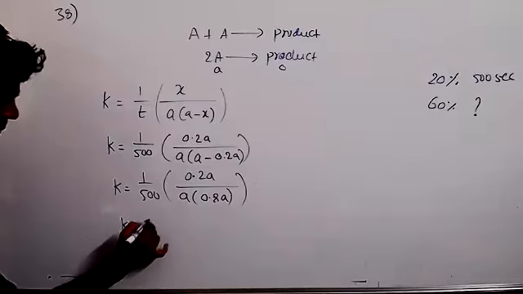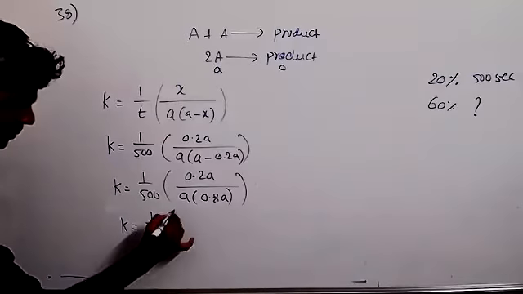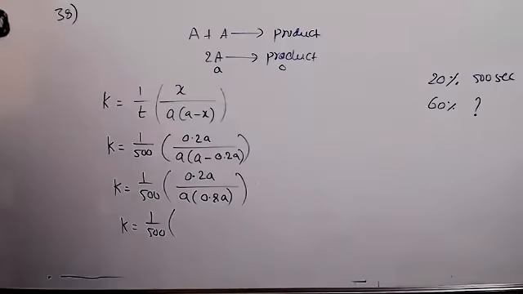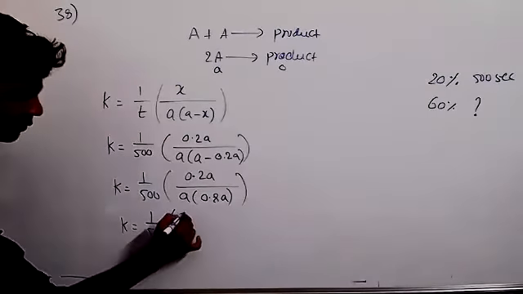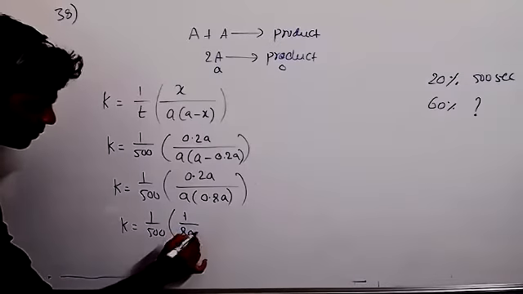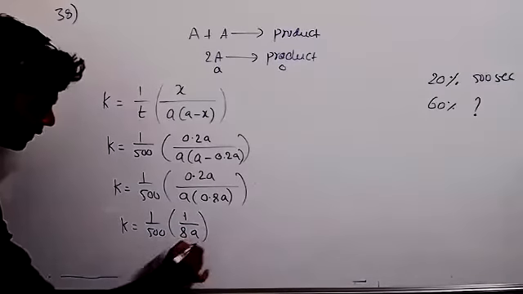So K is equal to 1 by 500 into 1 by 4A. Not 8, it is 4, right?